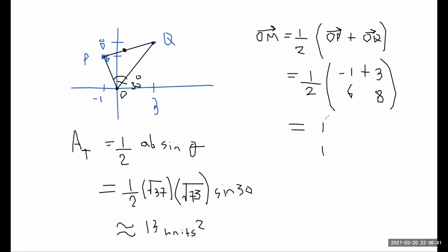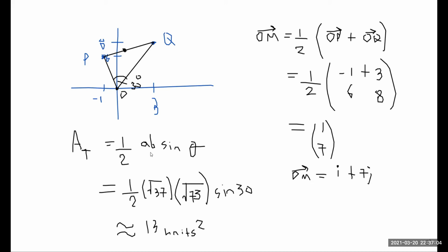So that's the position vector of the midpoint. OM is (1, 7). Of course, they like to write it in ij form, so you should write that OM is i plus 7j. Easy, nice. Then what else do they ask for now?